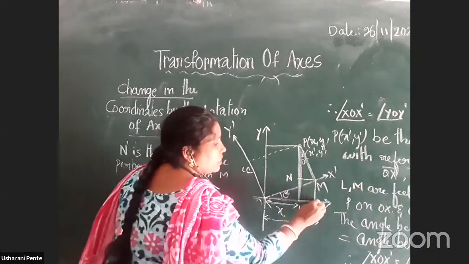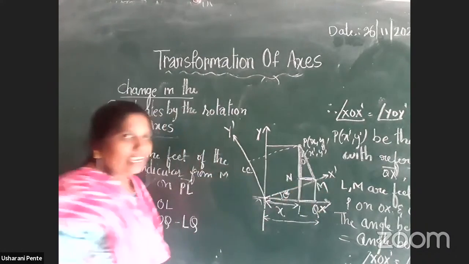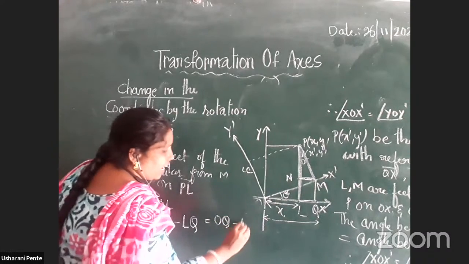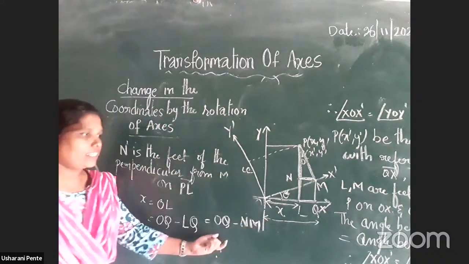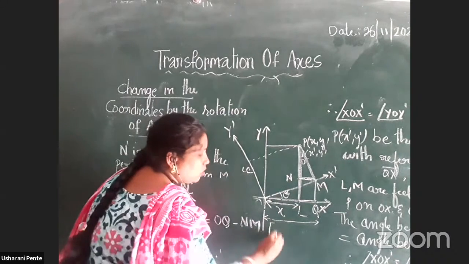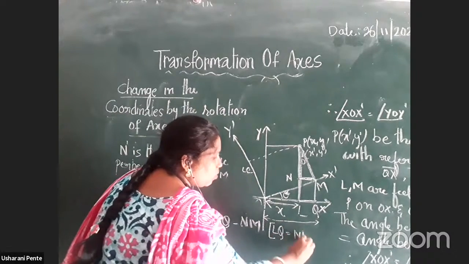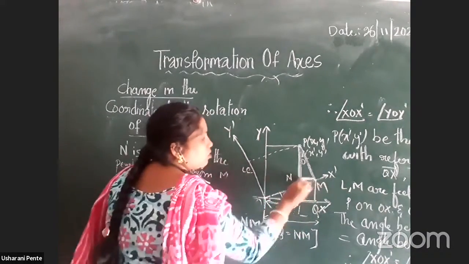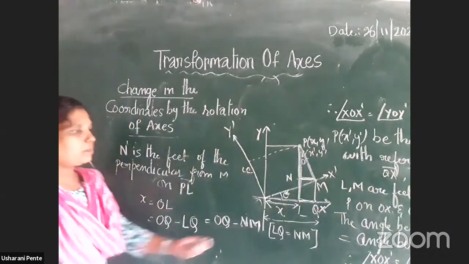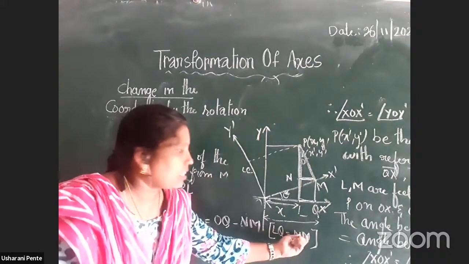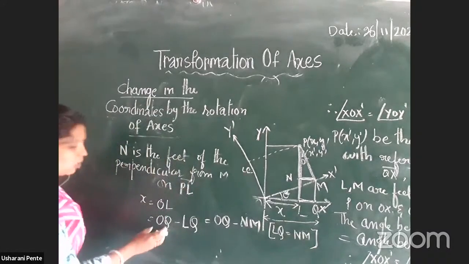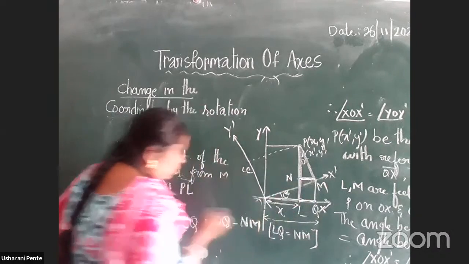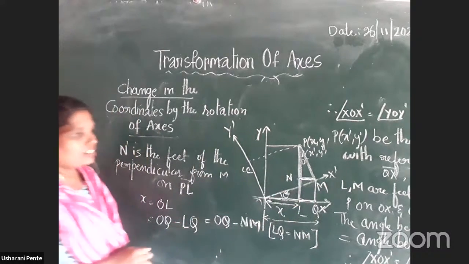But here the distance LQ is equal to NM, as these two distances are equal. So in place of LQ, we are taking NM, that is OQ minus NM. Now, we need to find OQ. How can we get OQ? Now we are considering the triangle.